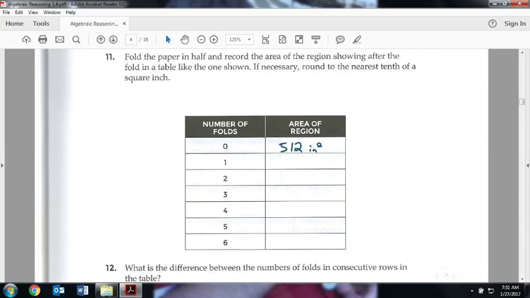If I were to fold that in half, that means we're cutting the area in half. 512 divided by 2 is 256 square inches. If we fold it in half again, the size gets cut in half. 256 divided by 2 is 128.